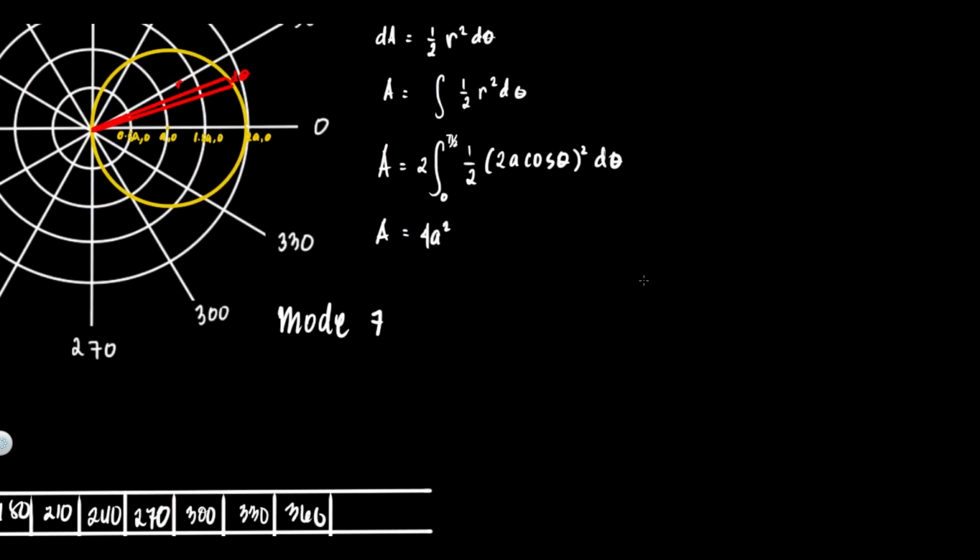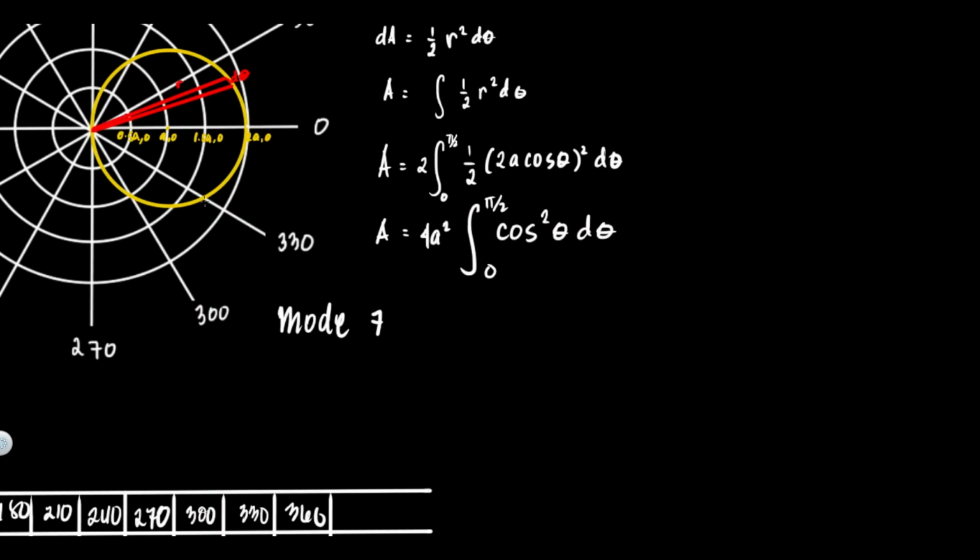Let's continue. So, we have 4a squared times the integral of cosine squared theta d theta, limits from 0 to pi over 2. Earlier, what we took was only the area of the semicircle, limits from 0 to pi over 2 or 0 to 90 degrees.